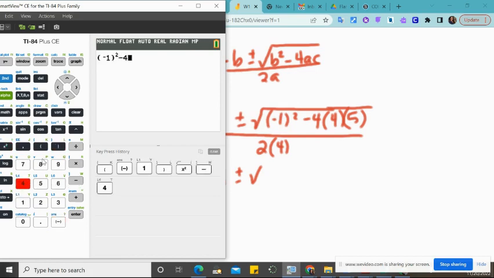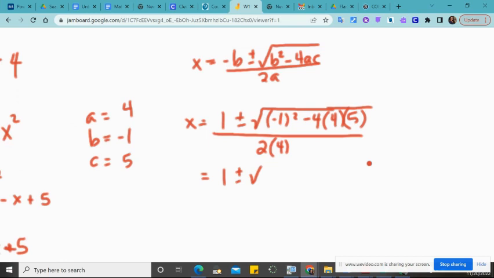Now, do I have to use a calculator? Nope, I could use my head if I wanted to be very careful. I just don't. So, negative 79. Did I miss a negative sign in here somewhere? Let's see. B squared minus 4ac.